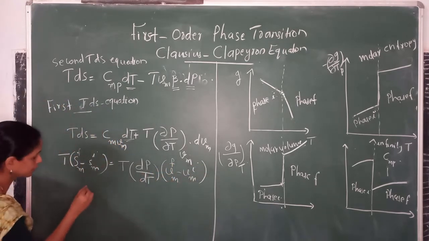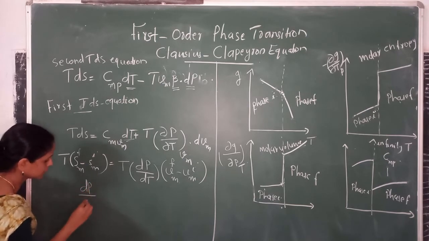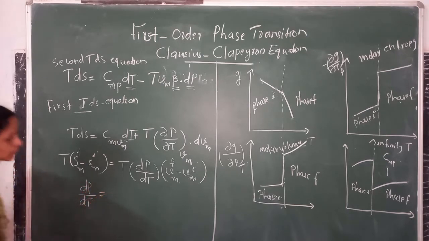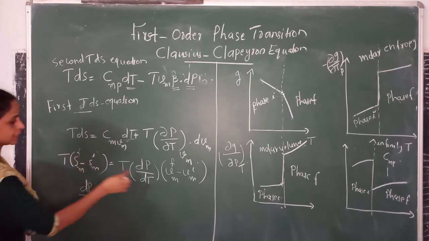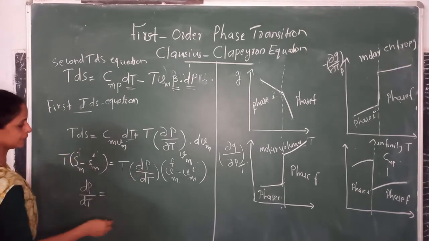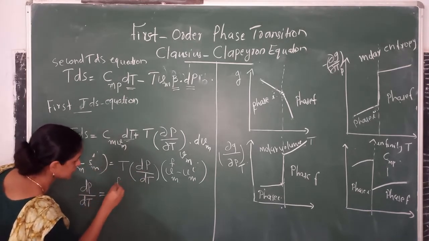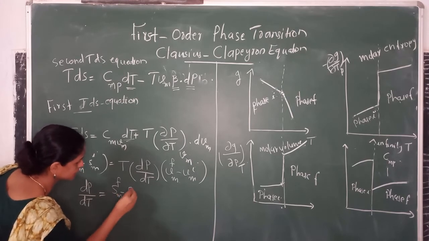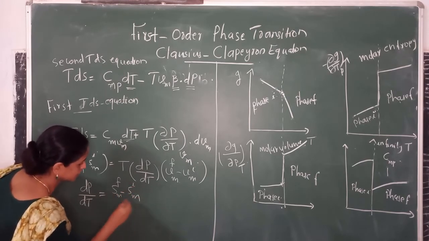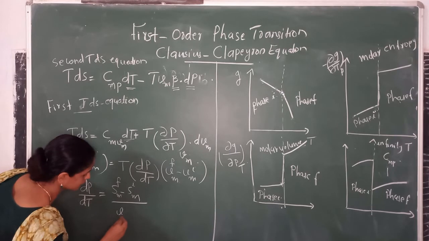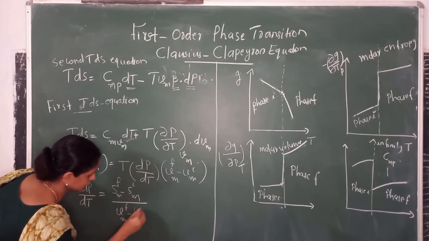So dP by dT is equal to Sf minus Si divided by Vmf minus Vmi.